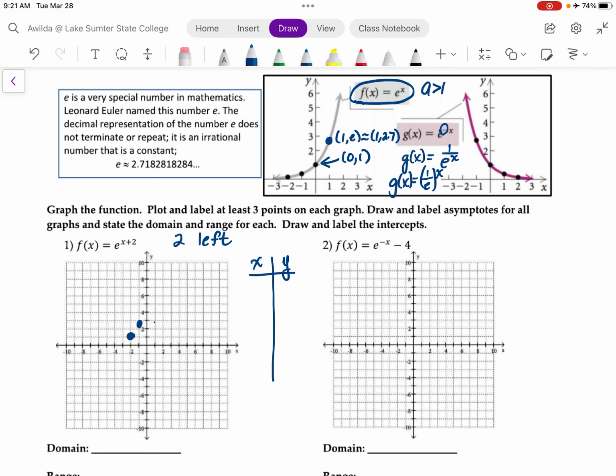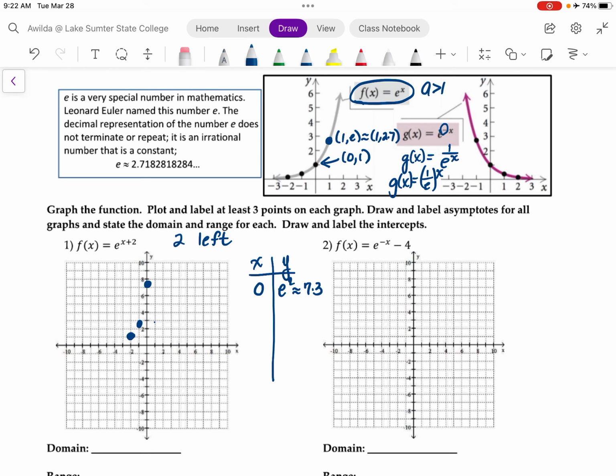So let's say that x is 0, then y is going to equal e to the 0 plus 2 power, or e squared. And let's see approximately what that would be. So I'm just going to do 2.7 times 2.7. So that's about 7.3. That's close enough for what we're doing here by hand. So about 7.3 would put us right about here.